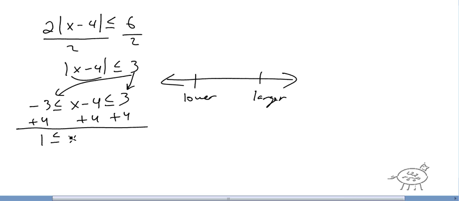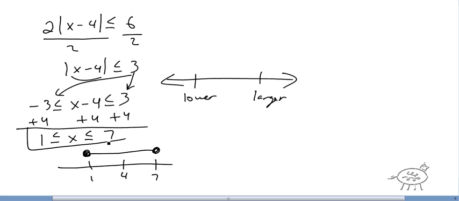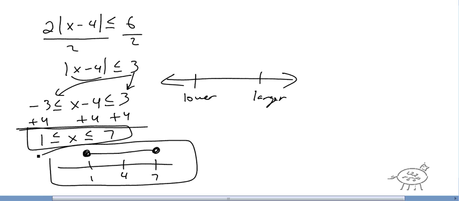And we got 1 less than or equal to x less than or equal to 7. Okay, there we go. So 1, 4, 7, and it's between these with solid dots. And that's the answer to that problem. So that, again, that's your answer on your blank, and this is your number line. Pretty straightforward.